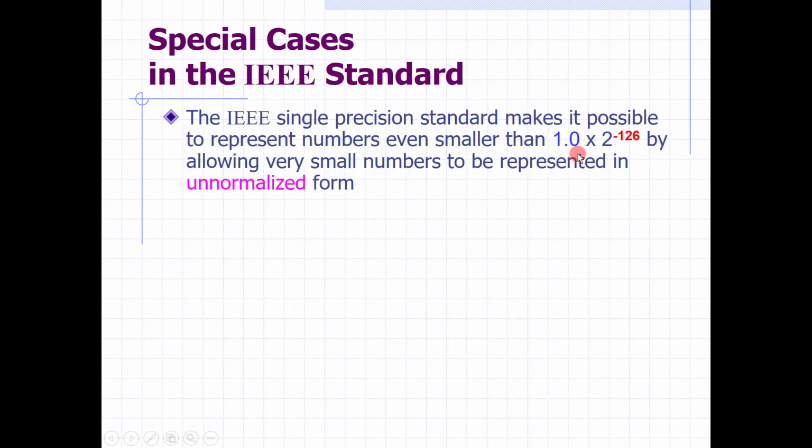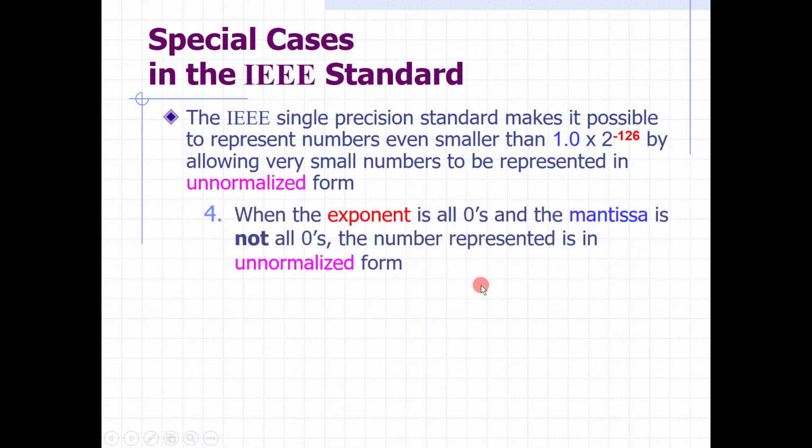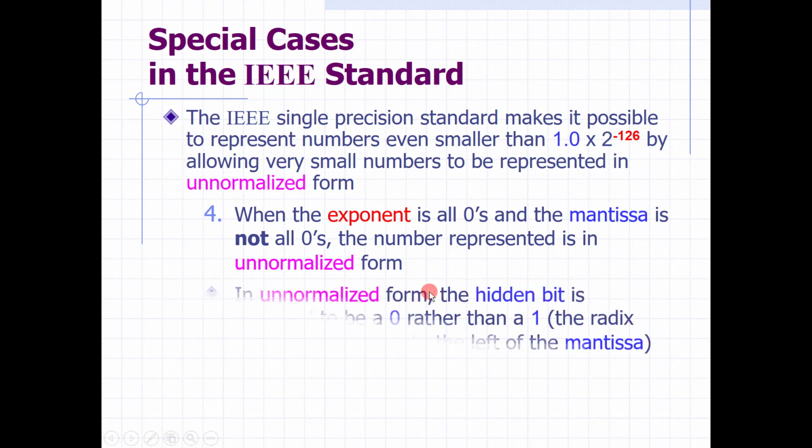However, we could maybe go even smaller than that if we were allowed to have the number start with something other than 1, like if we were allowed to start it as 0 point. We will represent that special case with all zeros in the exponent as well. So we had all zeros in the exponent when we had the number 0, but then the mantissa was all zeros as well. If the mantissa isn't all zeros, then we have this unnormalized form.